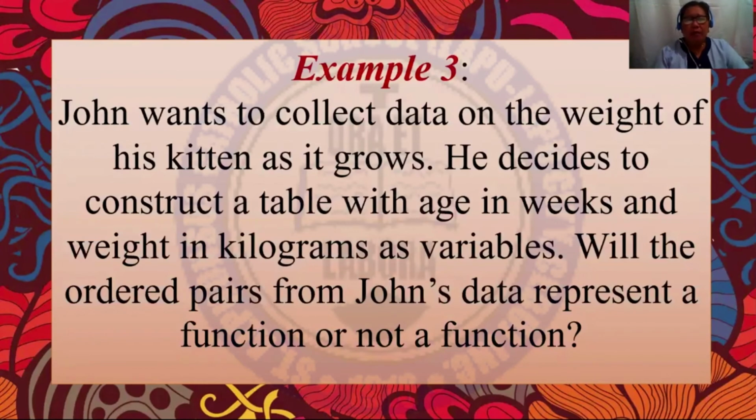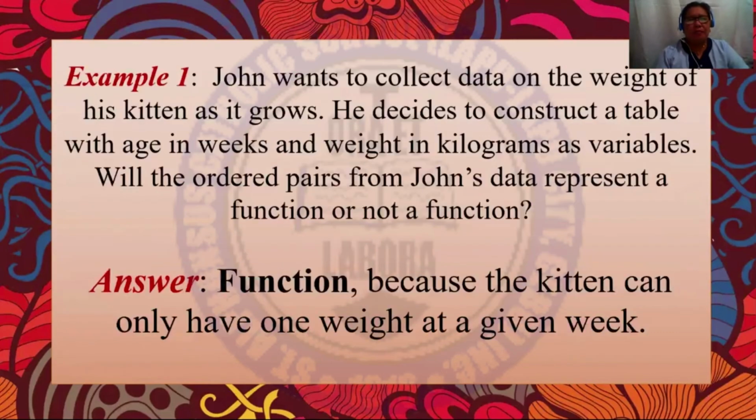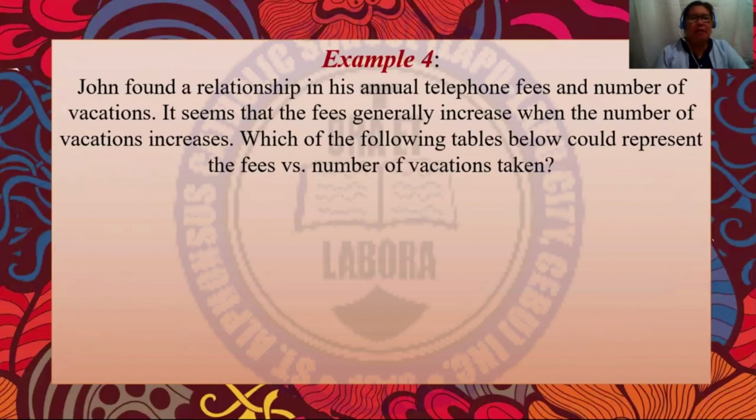Will the ordered pairs from John's data represent a function or not a function? The answer is, it is a function because the kitten can only have one weight at a given week.